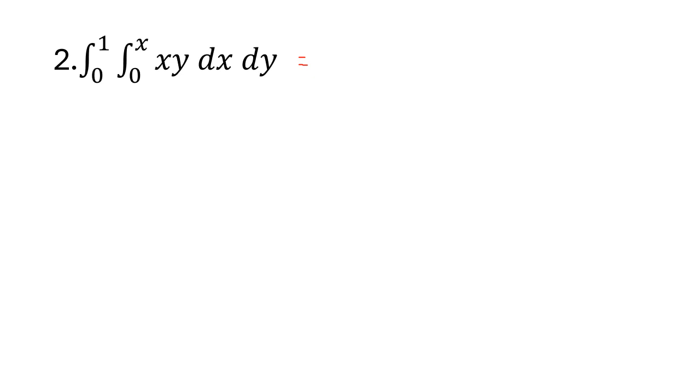In the last example, both integration limits were constant. But in this integration, the first integration limit is 0 to 1, but the second integration limit is 0 to x. That is the upper limit in terms of x. So when the upper limit or the lower limit is in terms of x, we take the integration with respect to y first.